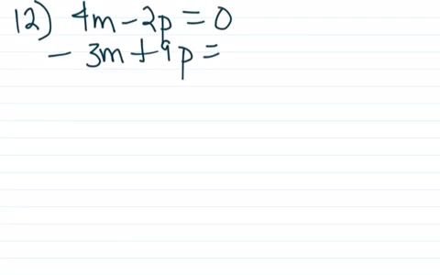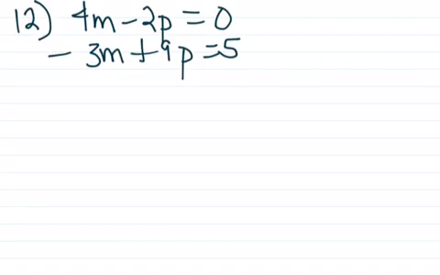There are 2 equations. You can eliminate m's or you can eliminate p's. It doesn't matter because m's have a positive and a negative and p's have a negative and positive. As long as you have 2 different signs, you're great. I'm going to get rid of m's.